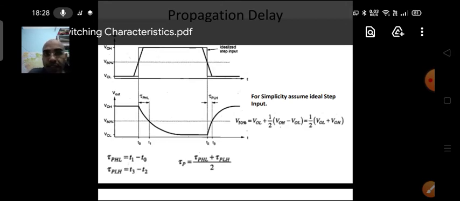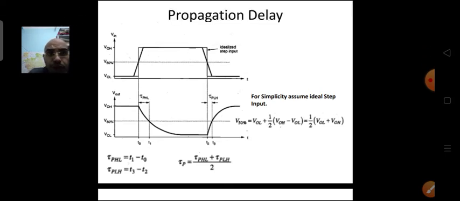It is the falling of the output waveform from the high level to the low level. So tau PHL is the time elapsed between the 50% of the input to the 50% transition of the output. That much time is called tau PHL.